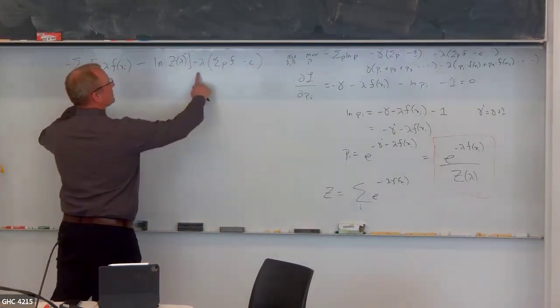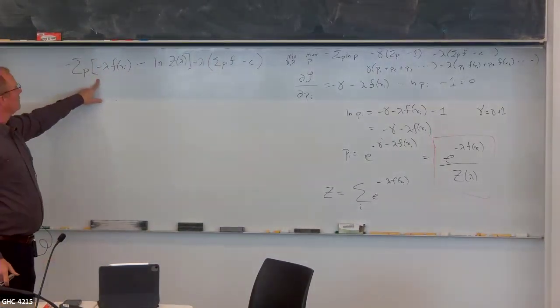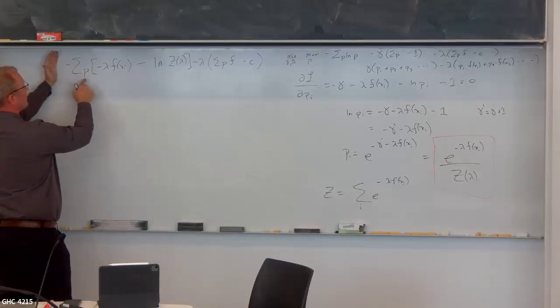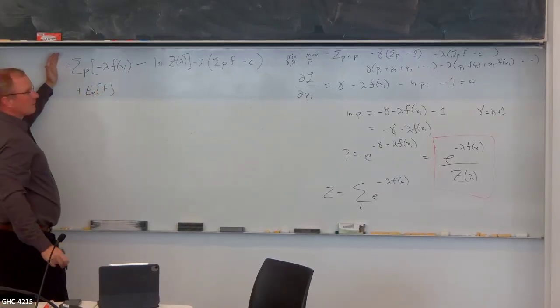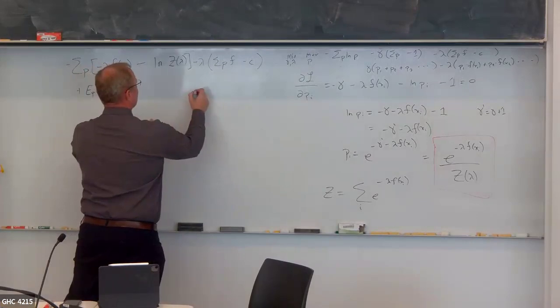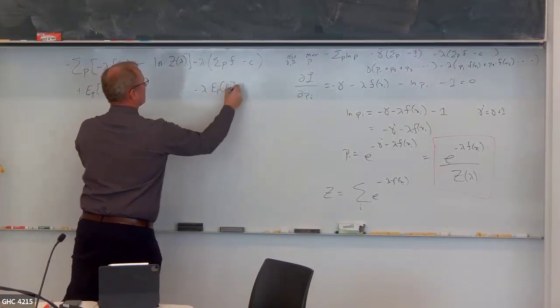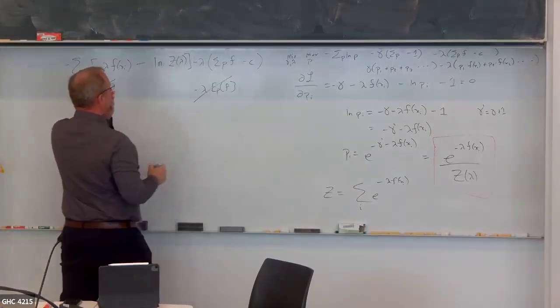Notice this term and this term, what's gonna happen? This piece right here is actually plus lambda, the expectation of f, right? This is minus lambda, expectation under p of f. Okay, those two just cancel. Good.